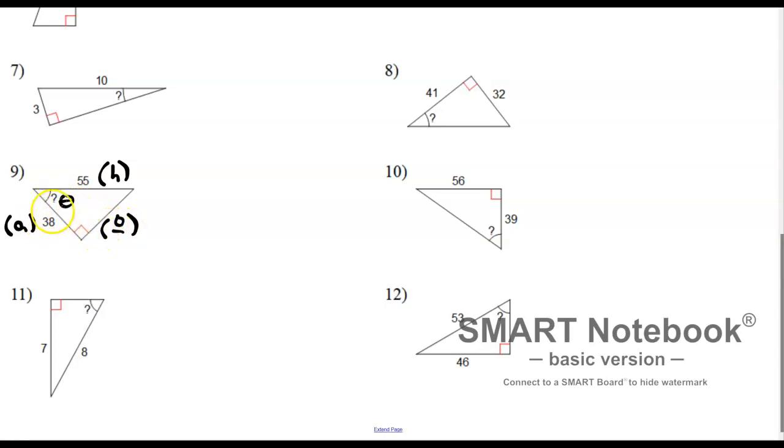Now, based on the information that's given, you guys are pretty quick now to say, okay, apparently I've been given adjacent and hypotenuse. By now, most of you guys can put that together really quickly. So you can pause the video here, but if you said cosine, good. Okay, so here's my trig identity: cosine theta equals adjacent over hypotenuse.